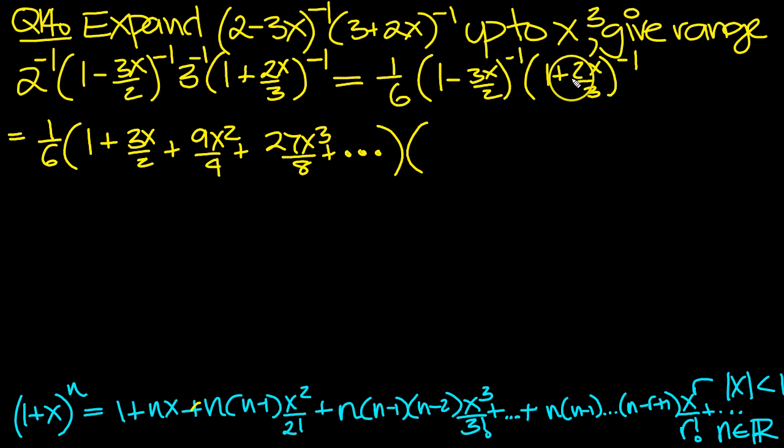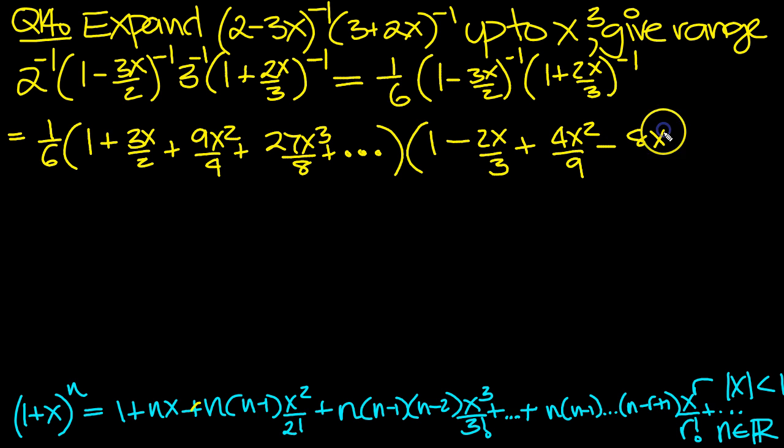Binomial expansion. So we get 1 minus the input x, and then we plus the input x squared, so that'll be 4x squared over 9. And then minus the input x cubed, 8x cubed over 27. And plus dot dot dot. So there's our series then.